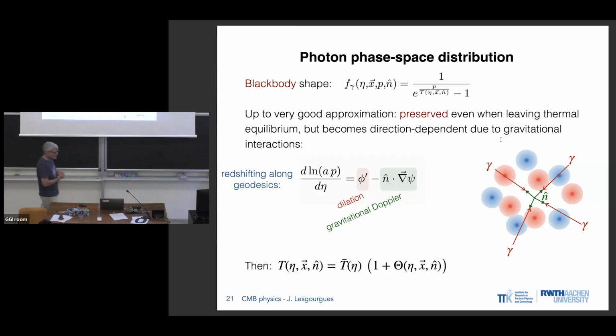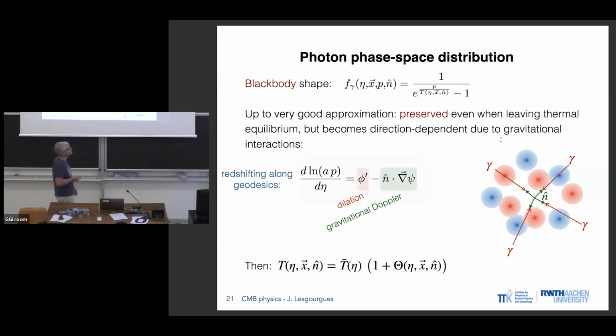You can try to think how to create departures from this relation once photons are decoupled. Once they are decoupled, each individual photon is in free fall and obeys a geodesic equation. You can write this geodesic equation in your perturbed universe in the Newtonian gauge, and you can put it in this form. On the right, we have a metric fluctuation.